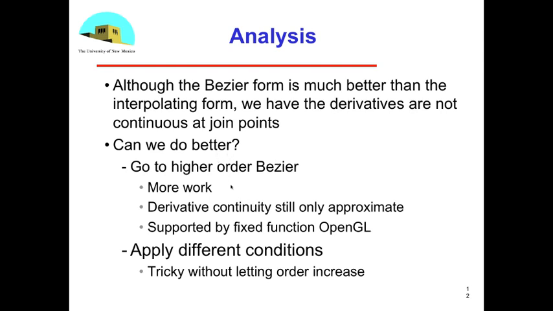So what do we do? Well, one strategy is to go to higher order curves, use the Bernstein polynomials. You still don't get quite derivative continuity, but you have much better approximations than you had before, but you're doing more work when you do the evaluation to try and render things.